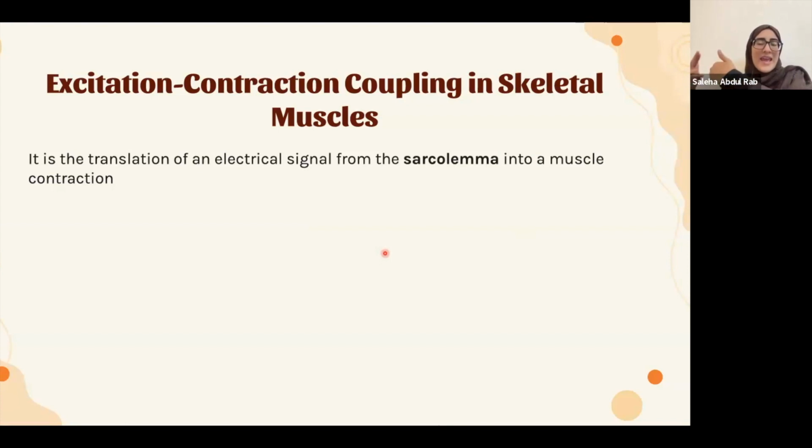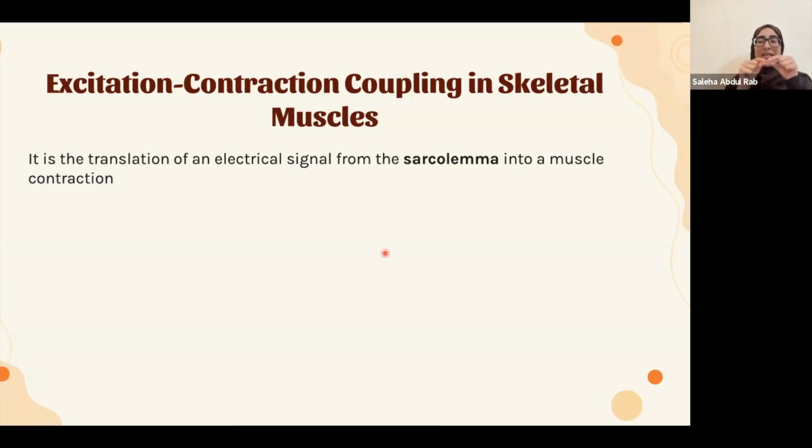Cross-bridge cycling, that happens. Excitation-contraction coupling is the process by which a signal first comes from the action potential. This signal is then converted into something which then allows the sarcoplasmic reticulum to release calcium ions. These calcium ions that are released then go to cross-bridge cycling, where they do the whole actin-myosin thing that we just discussed.